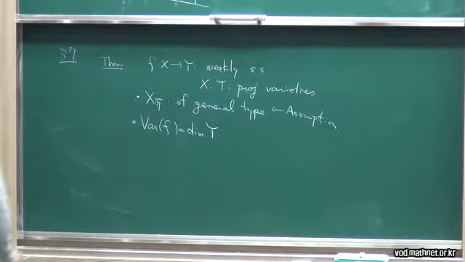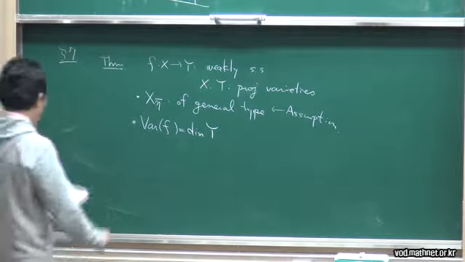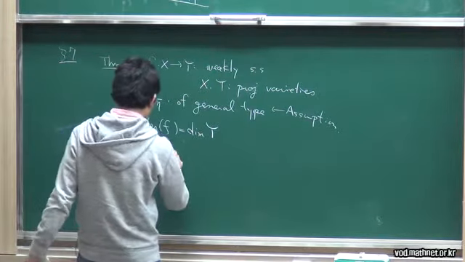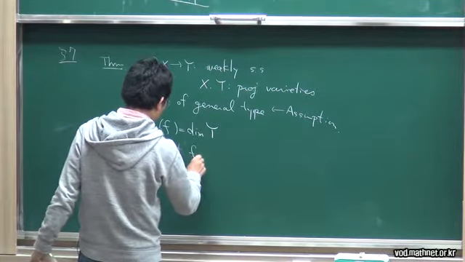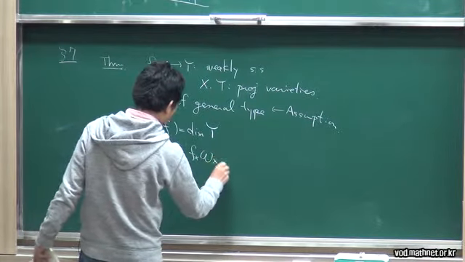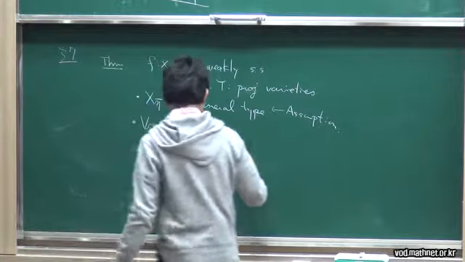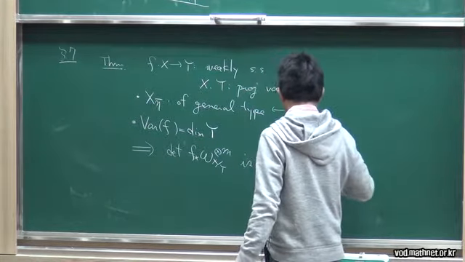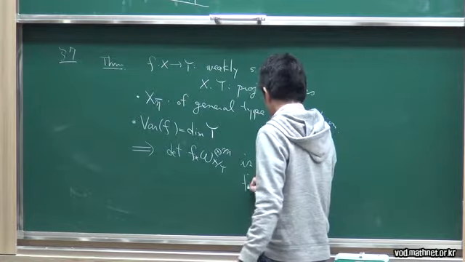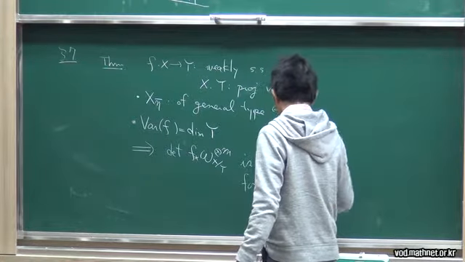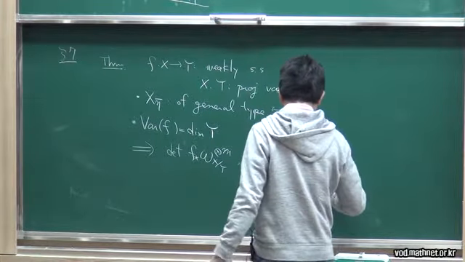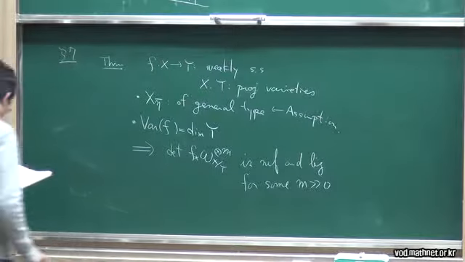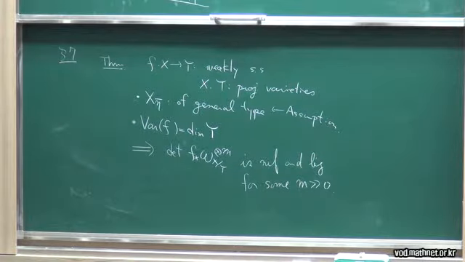Okay. Then the determinant of f push forward omega X/Y tensor M is NEF and big for some sufficiently large M.